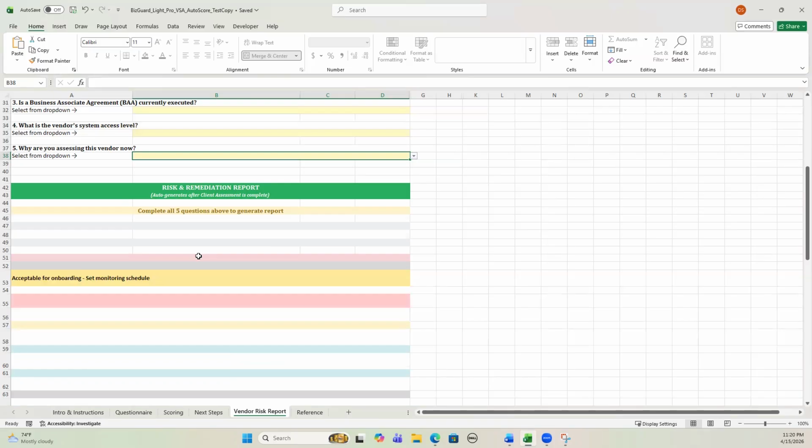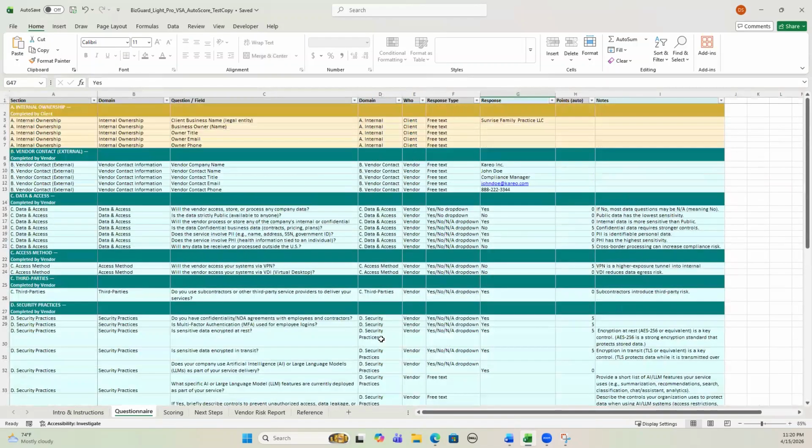So let me show you a real example. I'm going to run a billing EHR vendor called Cario through the BizGuard Light Pro so you could see exactly how this works. Okay, so I already pre-populated the questionnaire so I don't take your time.